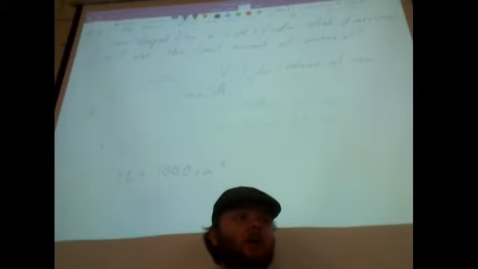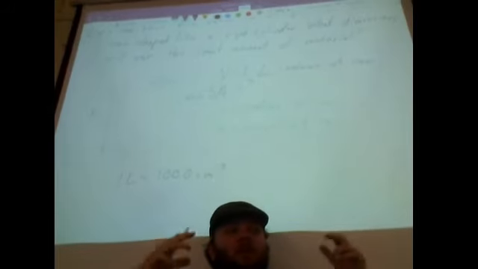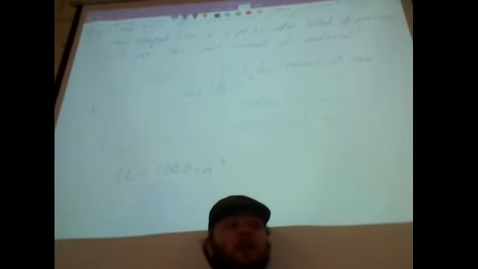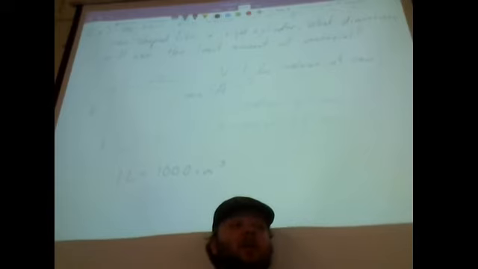Liter is a volume measurement, but if I'm dealing with dimensions, I'm going to need a length measurement. A liter is 1,000 cubic centimeters.